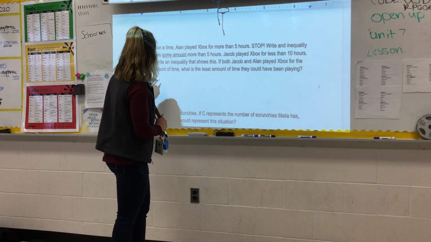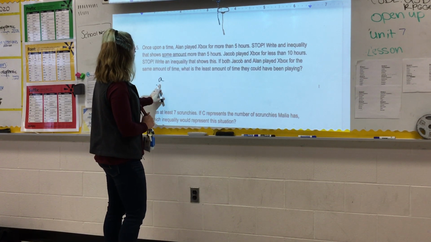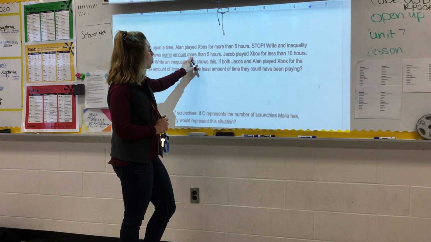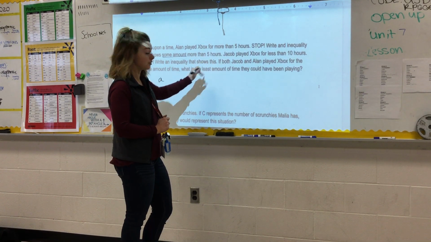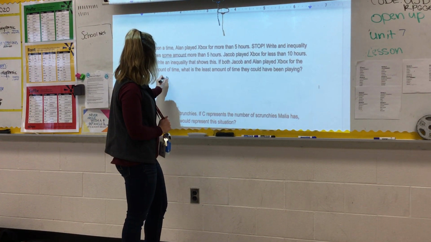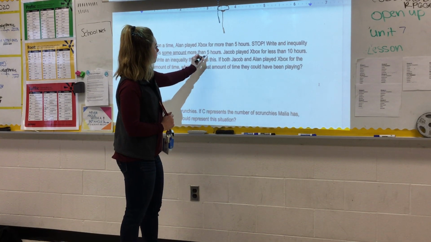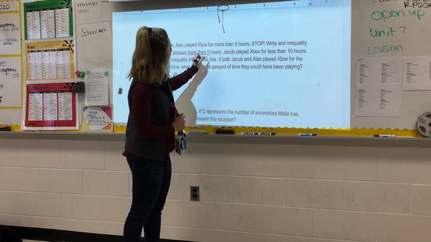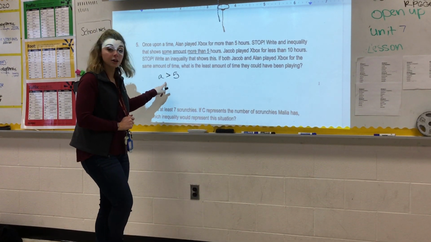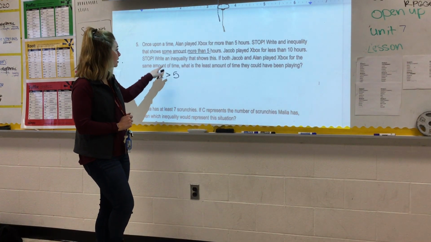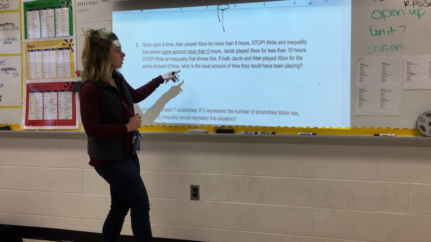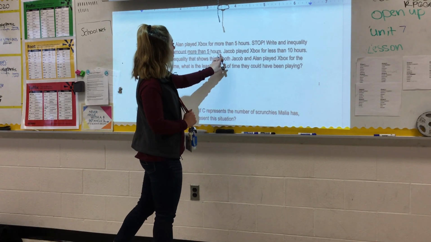I'm just going to use A for amount. A has to be more than 5. So I'm going to underline more than 5. The alligator mouth is going to face A because A is more than 5. So now I can continue.